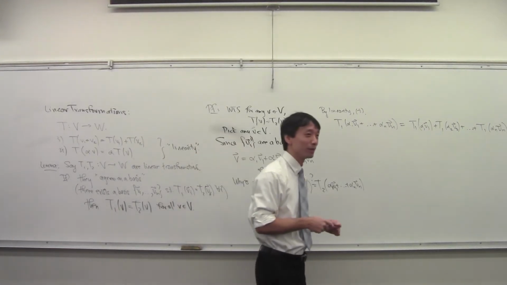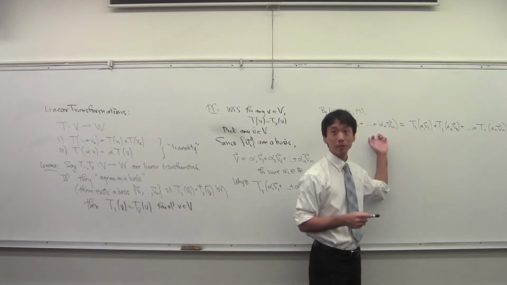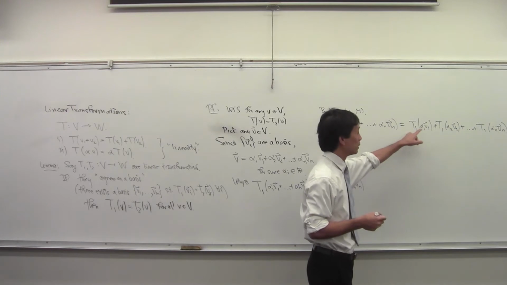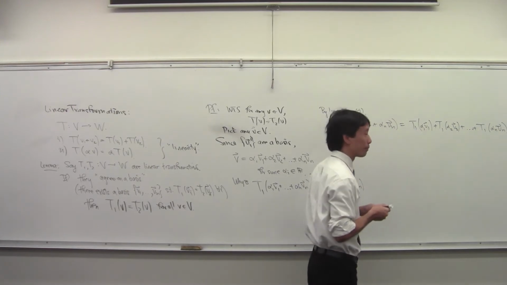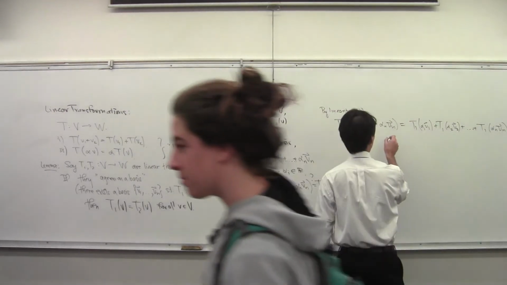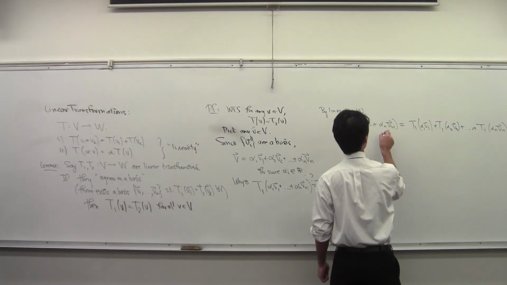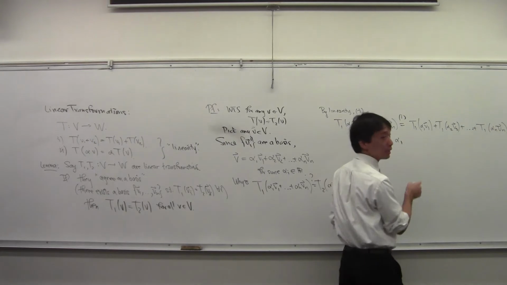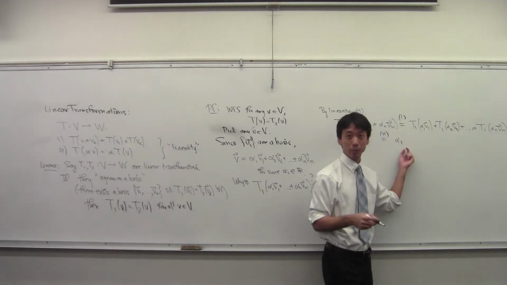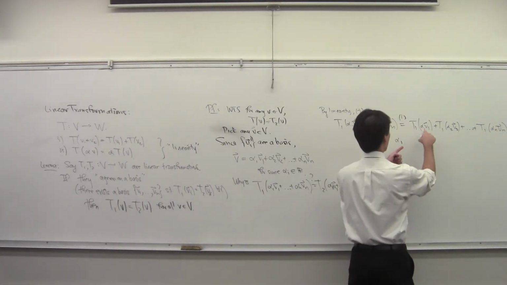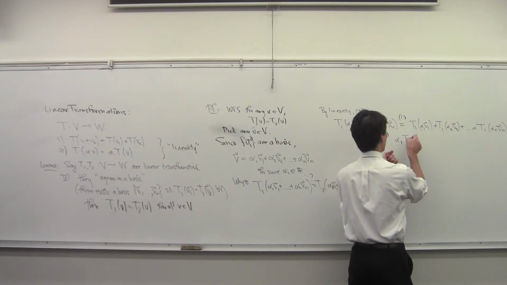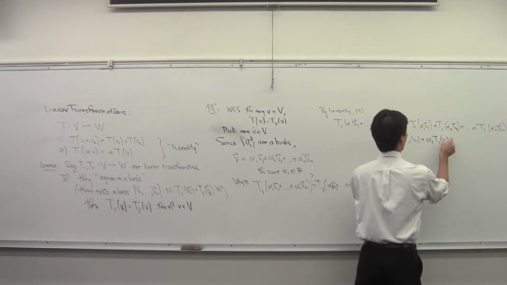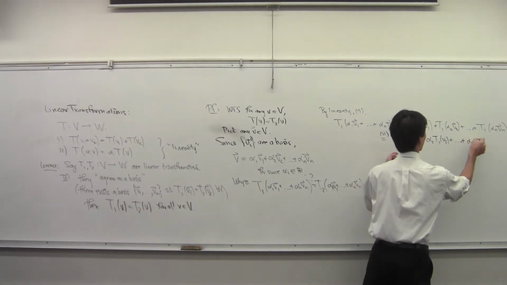We can do the addition later. And then by linearity part 2, we can pull the constants out. The alpha 1 can come out. This becomes alpha 1 T1 V1 plus alpha 2 T1 V2 plus alpha n T1 Vn.